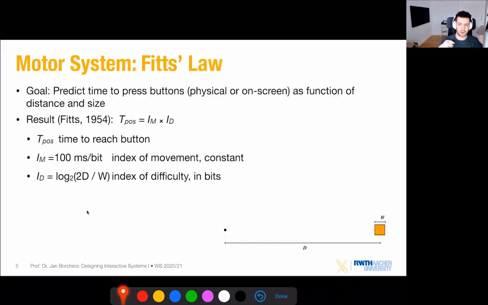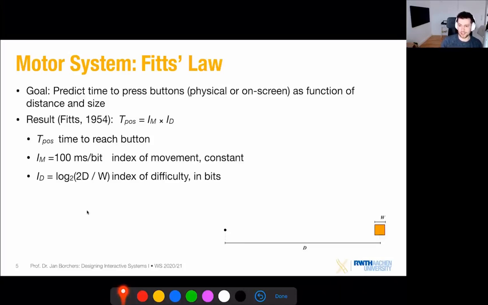And what he also saw is that if you multiply this by a time, which is 100 milliseconds, you get the correct numbers. Since it's to the base of 2, he called this bits. What happens in your head is decision making, close to what a computer would do.